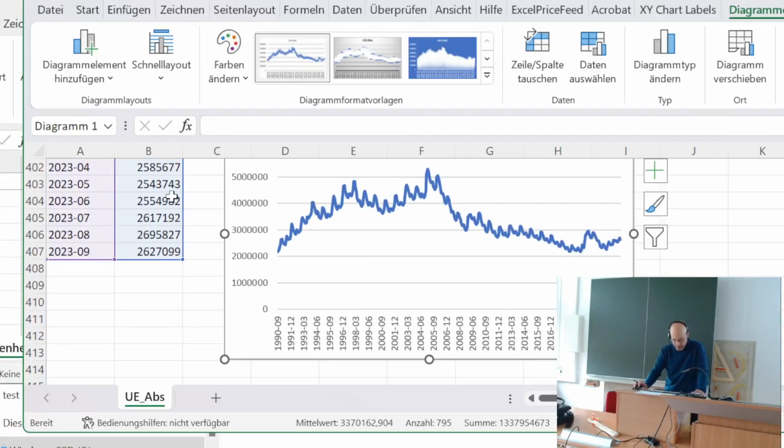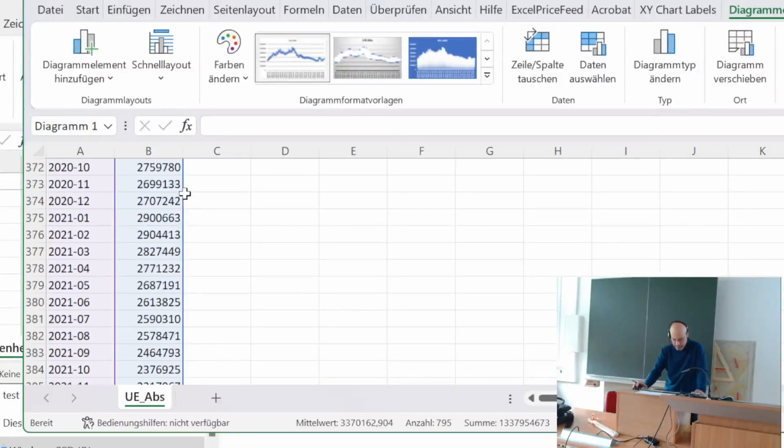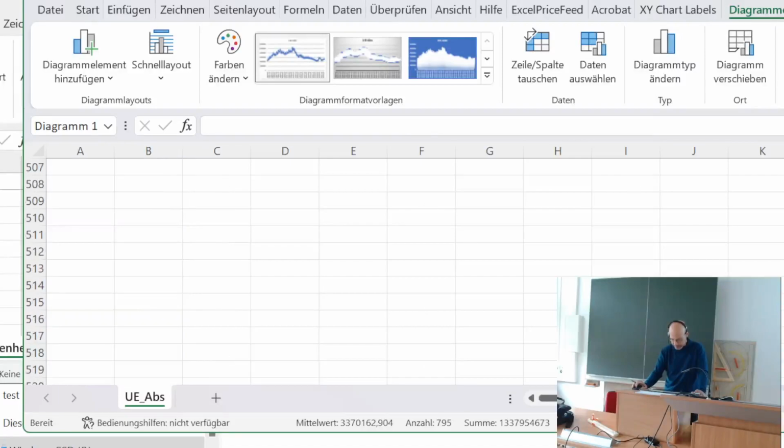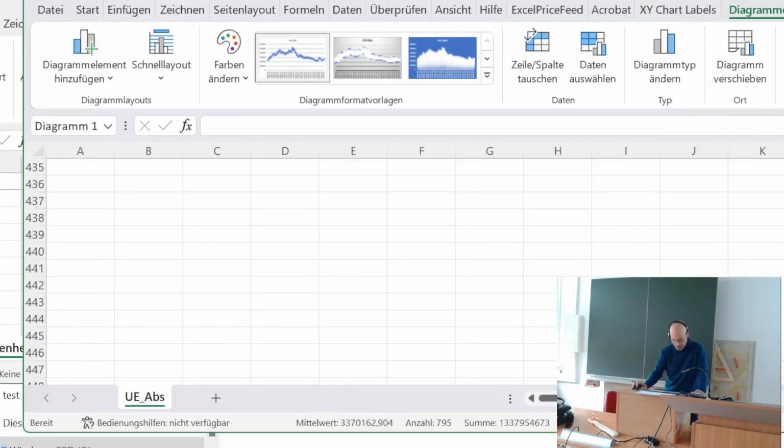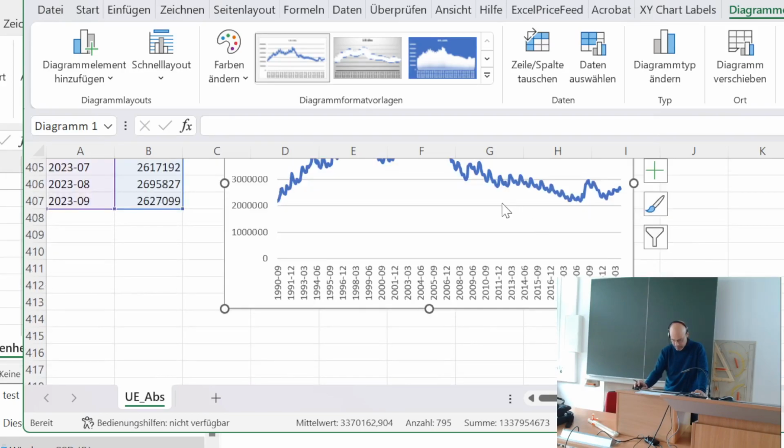You can do it here just with the mouse, or go to the number: starting 2008 is 219. You see here, here it is, and then right click.